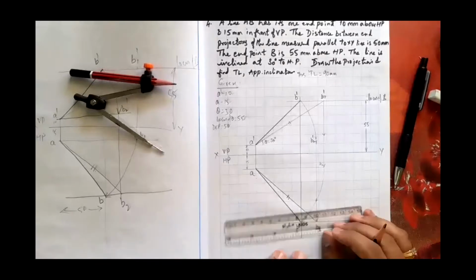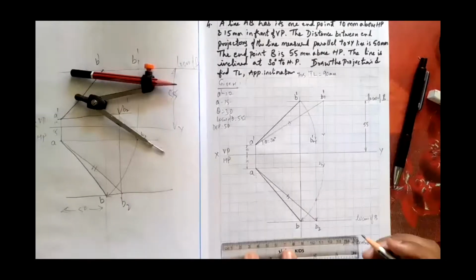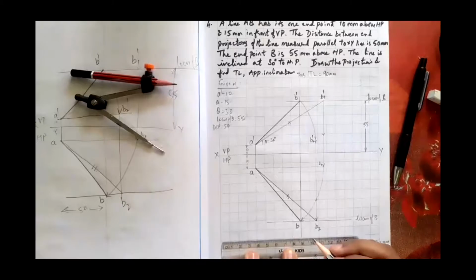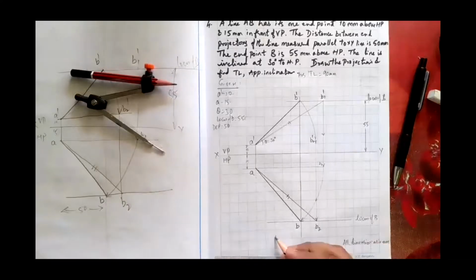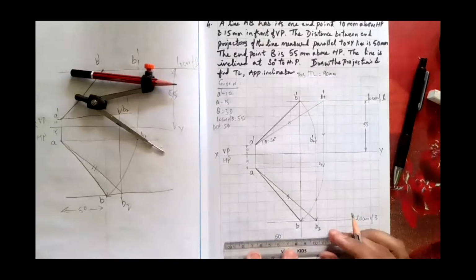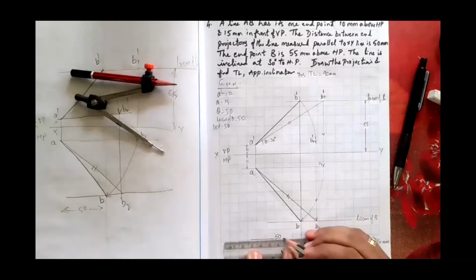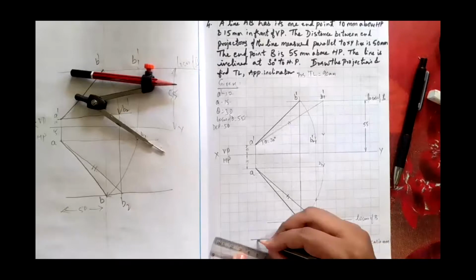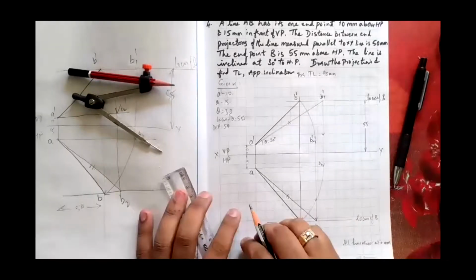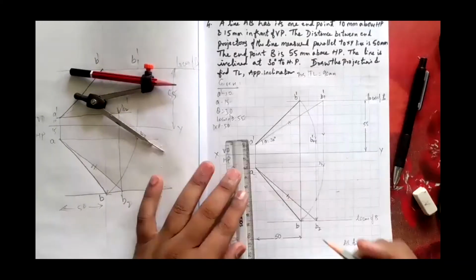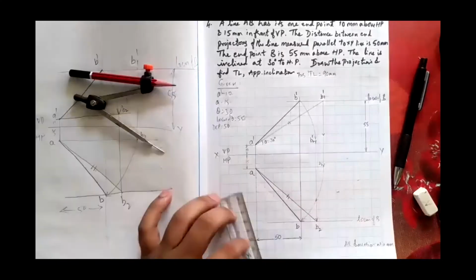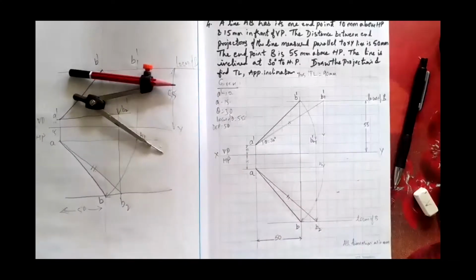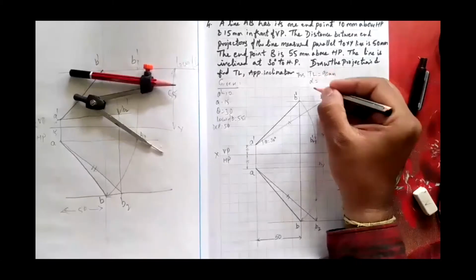So outside the drawing somewhere here I will measure it as 50 and mention it as 50, and we draw a very thin line so that we say 50 mm is the distance between end projectors, and apparent inclinations I have to find out alpha and beta. So I'll be waiting for alpha and beta.